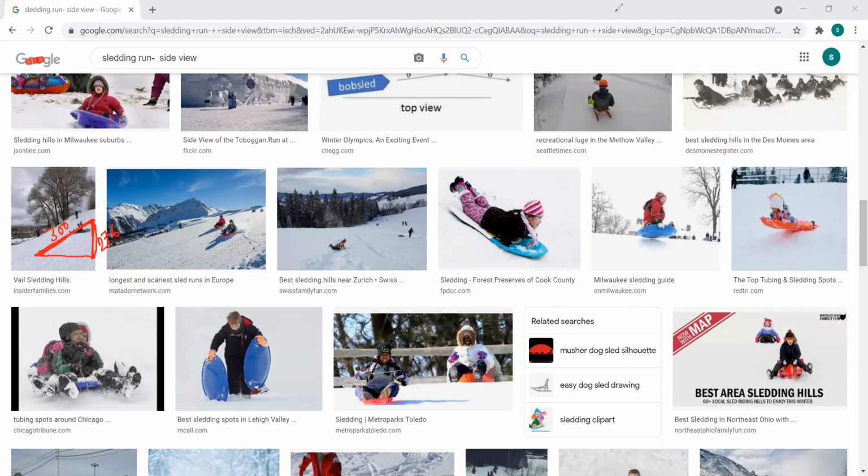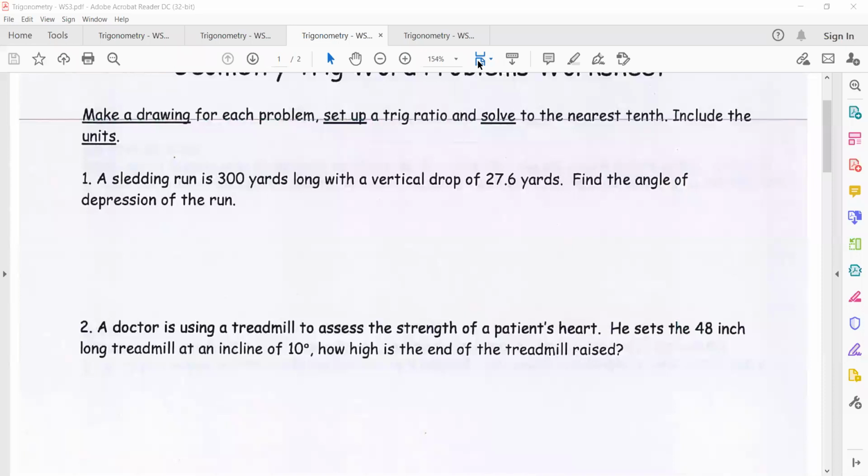Now this is the actual picture. Now let's go back. So your picture will be like this, and this is 300, this is 27.6, and you have to find this angle.